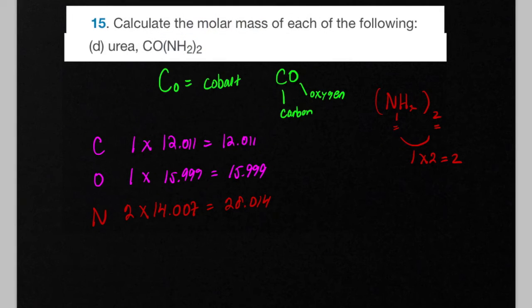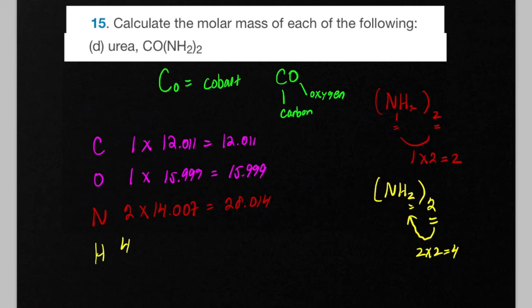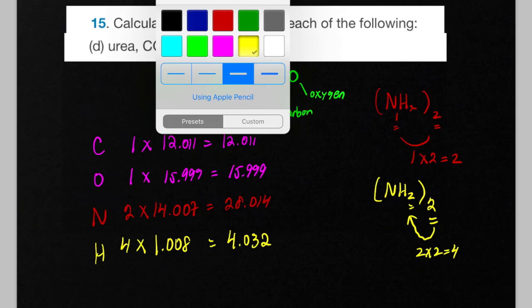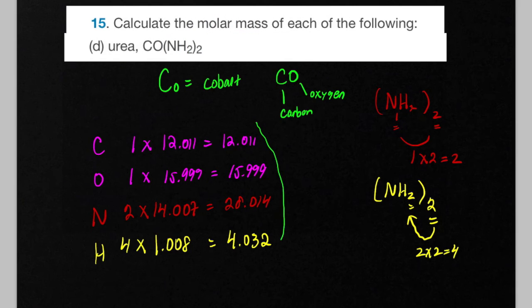The hydrogen atom, there's 2 in this NH2 portion because there's a coefficient of 2, but then we have 2 of those. So remember, a subscript outside the parentheses means you have 2 of whatever is inside the parentheses. So we have a total of 4 hydrogens here. So we need to take that into consideration carefully when we're computing our molar mass. So 4.032 is what we get there.